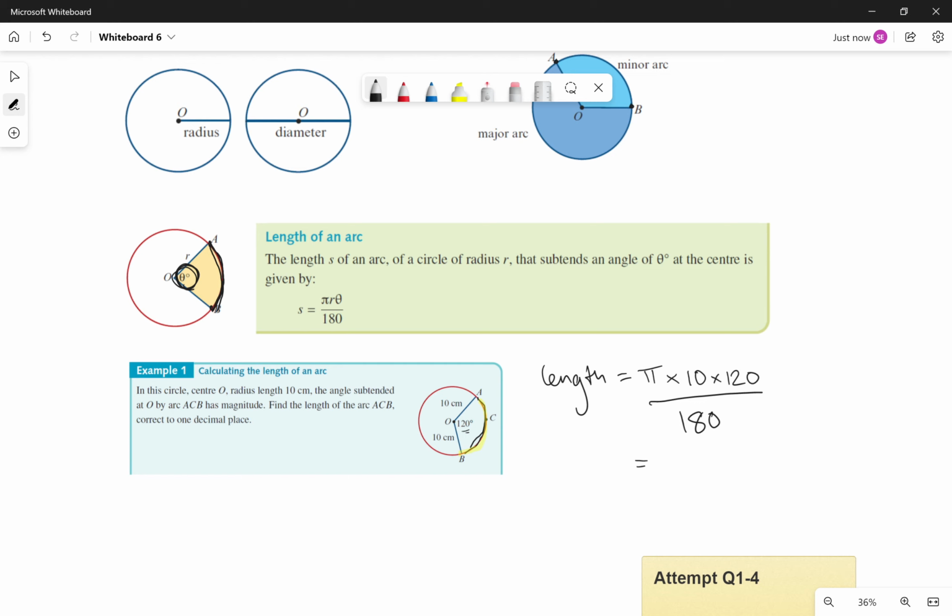So 20.94 centimeters. Cool, so our length is 20.94 centimeters. Have a crack at questions 1 to 4 now.